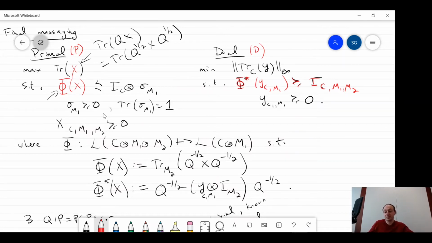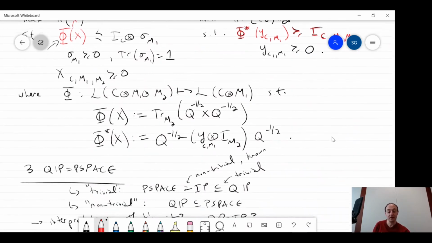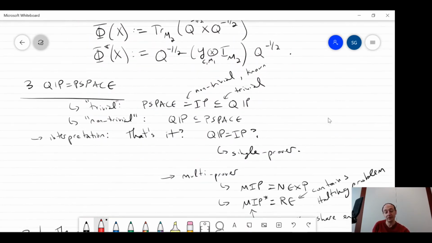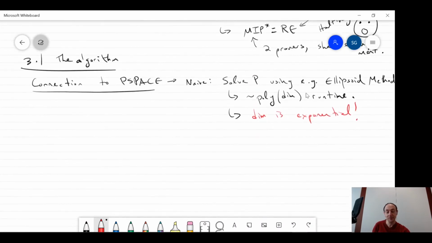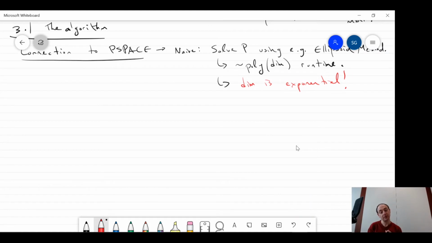It's going to have exponential dimension. So I can't explicitly write down this STP. And to solve the STP, typically you have to write the thing down first. This is a classical thing. There are nowadays quantum algorithms for STPs, but the ellipsoid method is a classical method. It writes down the full thing. So we can't use this method.